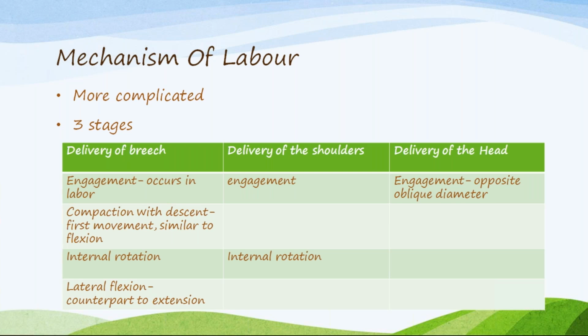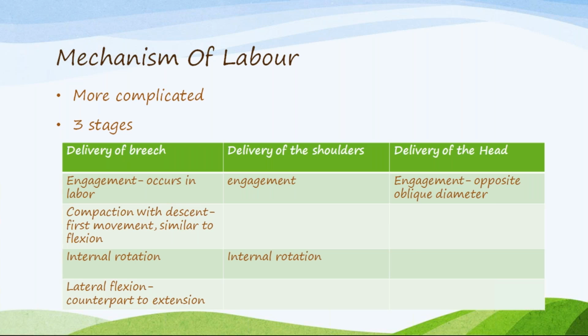Third, delivery of the aftercoming head. The first is easier, the second is more difficult, and the third one is most difficult. So one has to be a very experienced person to conduct this delivery, otherwise you may have some complications. The mechanism of labor is more complicated than cephalic, with three stages.